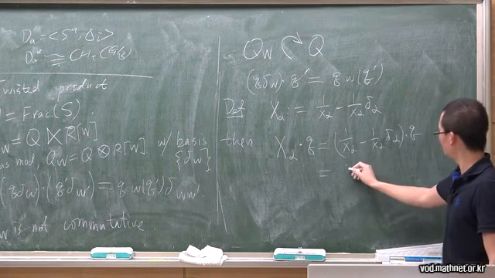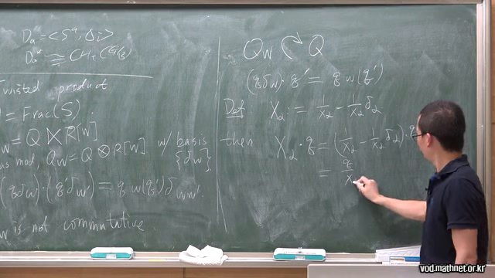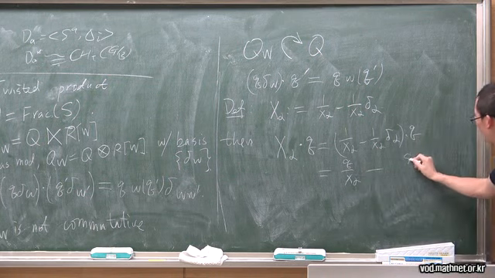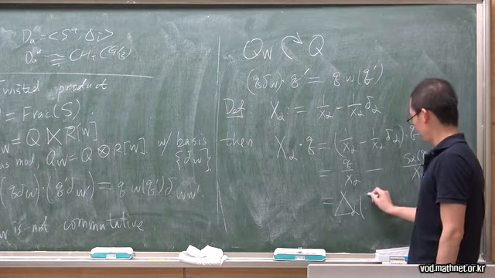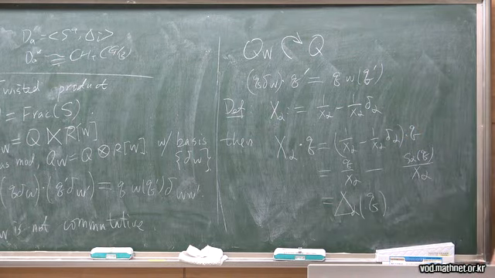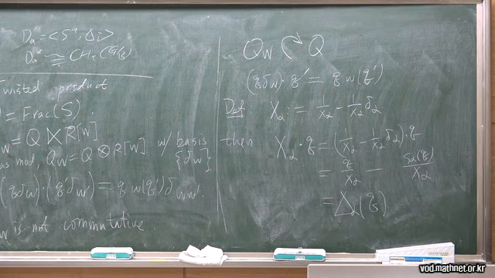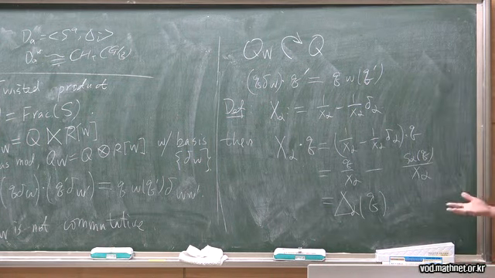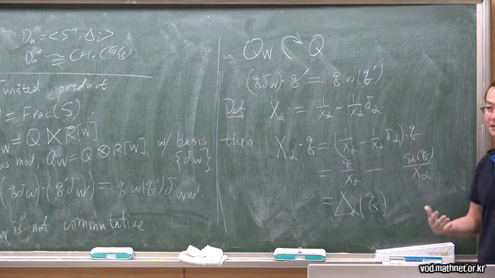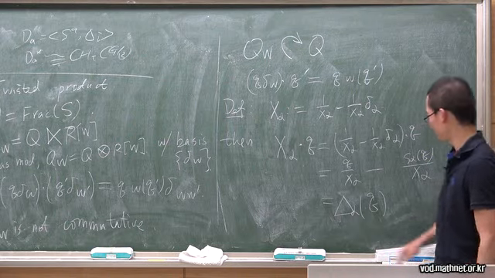So this piece gives you q over x alpha, and this piece gives you s alpha of q divided by x alpha. You see, this is precisely delta alpha of q. So if you want to study delta alpha, you just need to look at x alpha. That's enough, because x alpha has already encoded every piece of information about delta alpha.